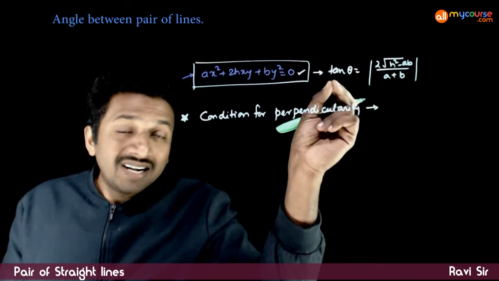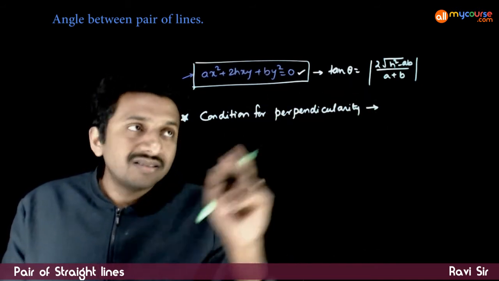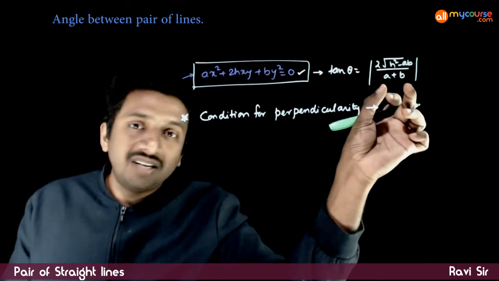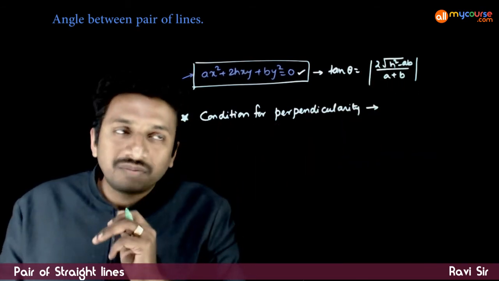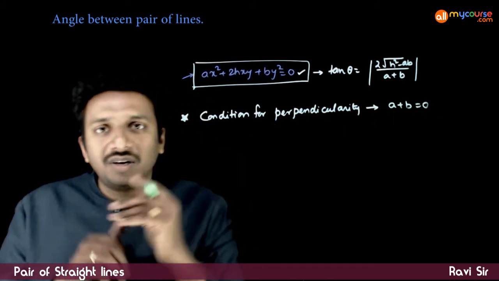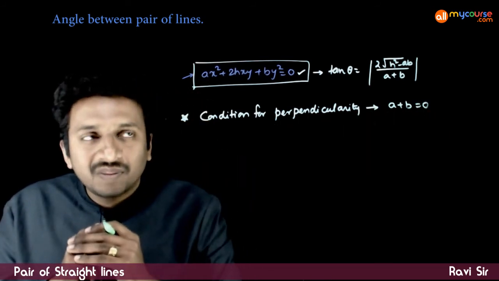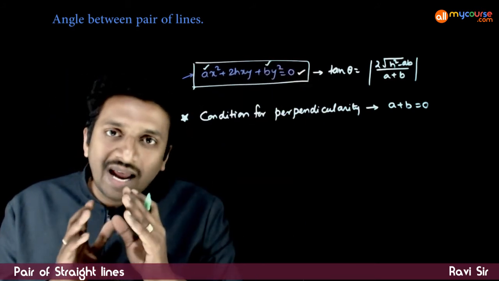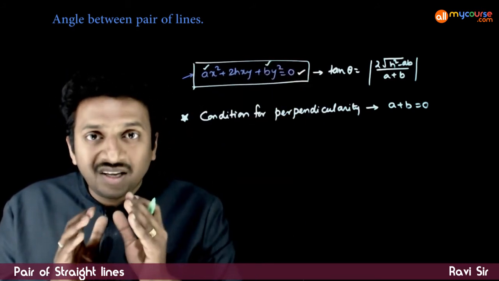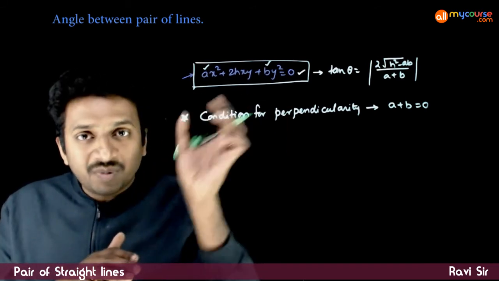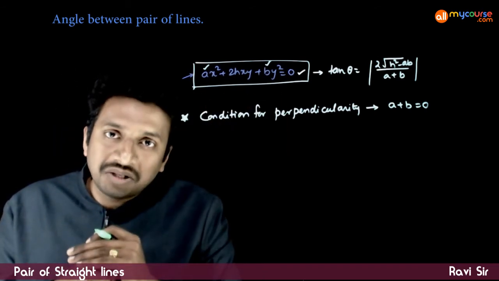So what is the condition for theta to be 90 degrees? If theta has to be 90 degrees, this has to be undefined. That means the denominator has to be equal to 0. So a plus b has to be equal to 0. If the sum of the x square coefficient and the y square coefficient is equal to 0, then the lines making this pair of lines are perpendicular to each other.